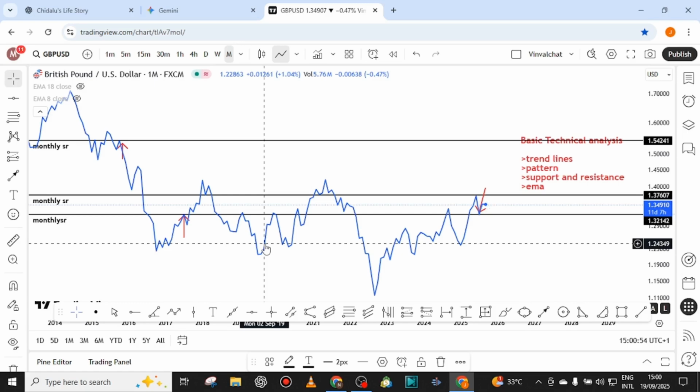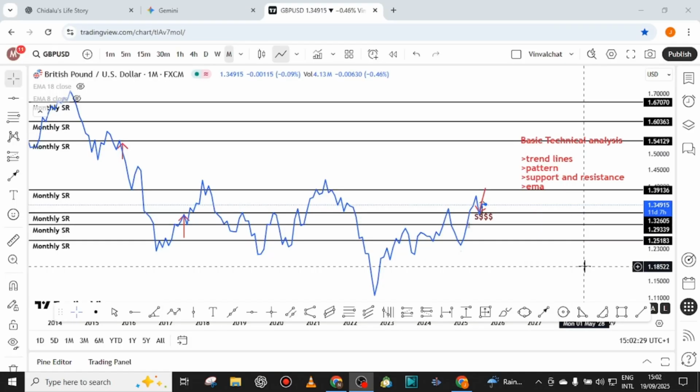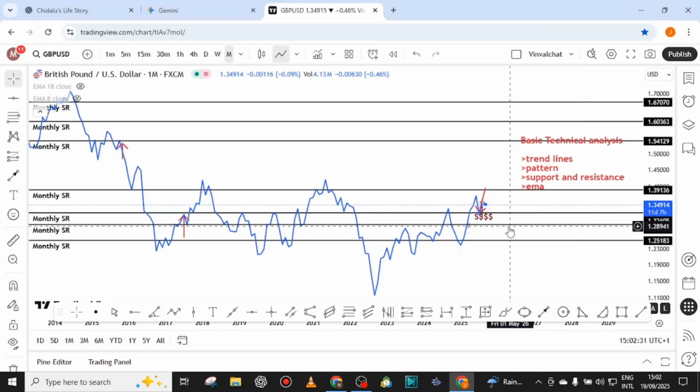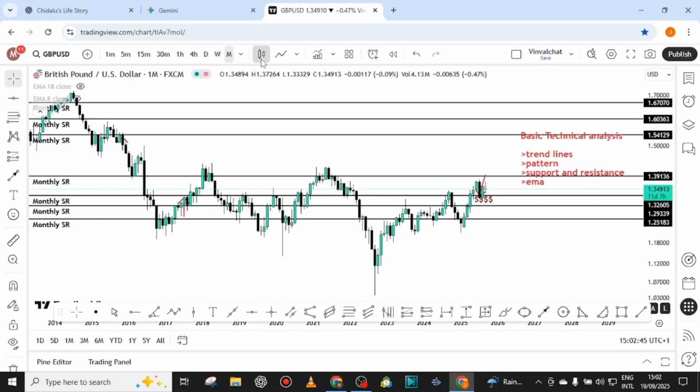Now that you have your monthly support and resistance marked on your monthly time frame, you are going to go back to candlesticks. Switch back to candle. You can see anytime the market touches the monthly support and resistance line, you can often see rejection. Look here, the market touches this monthly SR and moves downward.